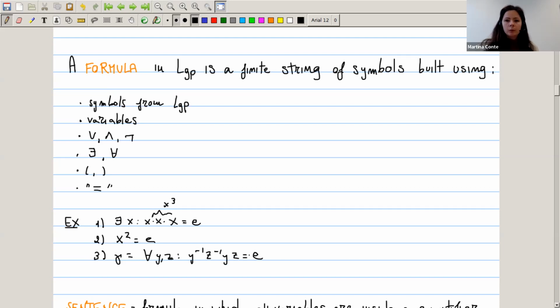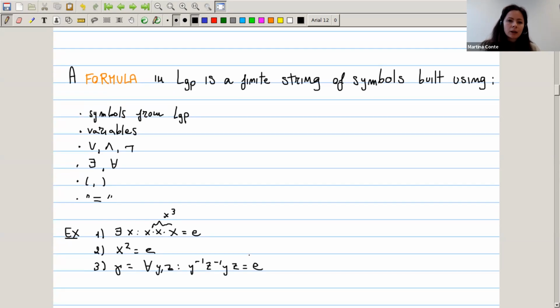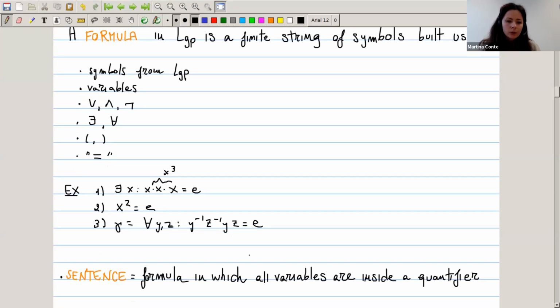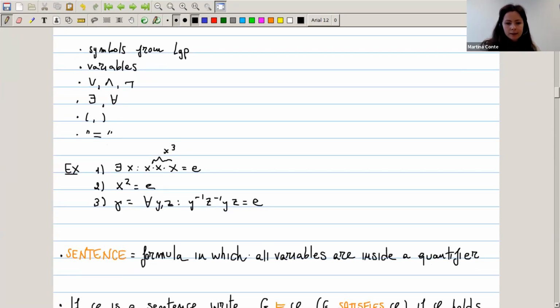So these are all examples of first order formulas, but I always mentioned sentences, not just formulas. Sentences are specific kinds of formulas. A sentence is a formula in which all variables are inside a quantifier. For example, if we look at our three examples before, we see that 1 and 3 are sentences.